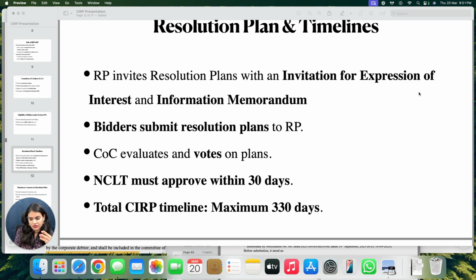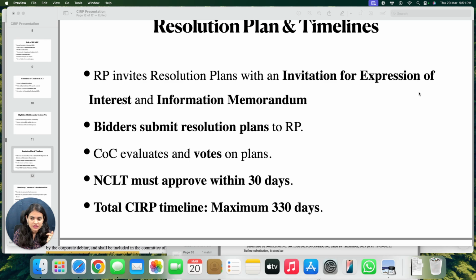And also, as in the initial instance, the newspaper publication, the Form A public announcement inviting claims, is also reflected on the corporate debtor's website if they have one. So the resolution professional again gives a public announcement in the newspaper inviting expression of interest from various prospective resolution applicants. This is called a Form G announcement.